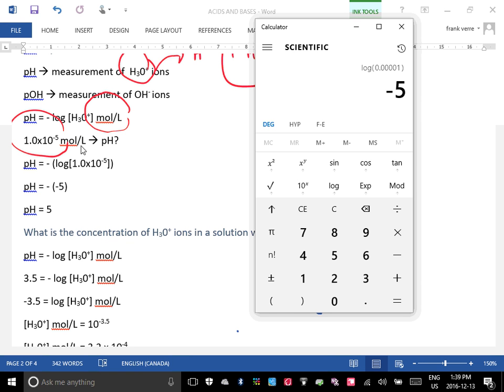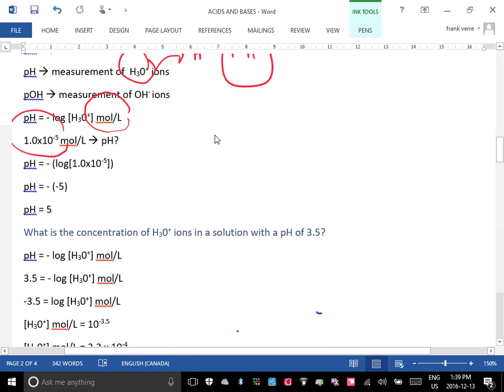Now I'm going to show you the opposite. Because you may be asked to calculate the pH from the concentration, or maybe you're given the pH and you want to know what the concentration is. So, are we okay with log function then? So, really simple question. Imagine I gave you a concentration of, let's say, for instance, the concentration is of hydrogen ions.